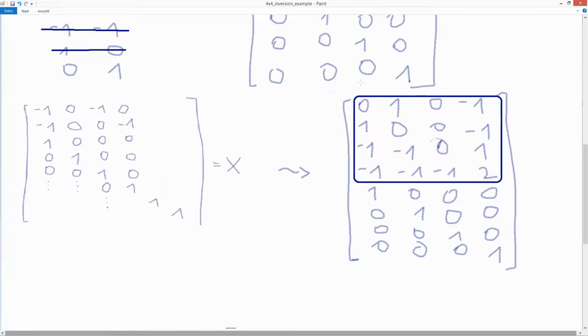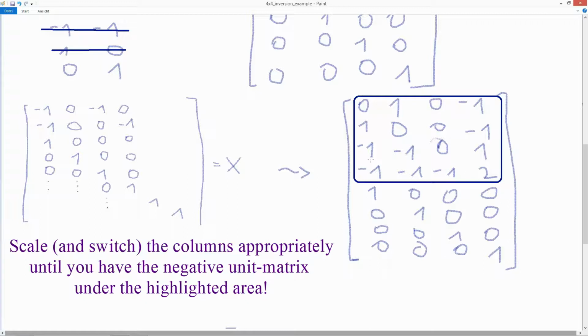As a last step, we now have to multiply the columns of this matrix here with a number so that here will be -1. So we have to multiply the first column with the number -1. So here stands -1, +1, +1, -1.